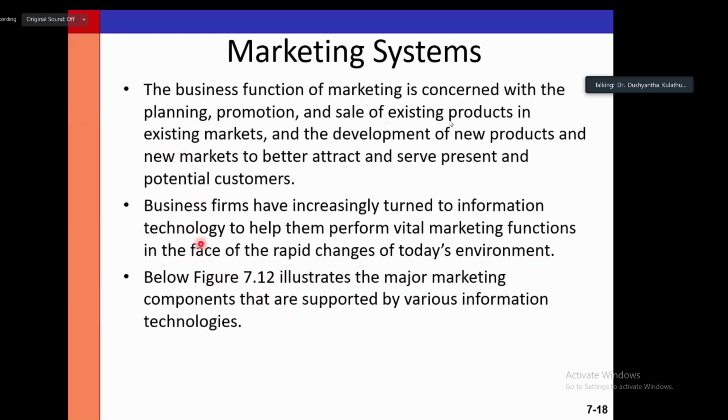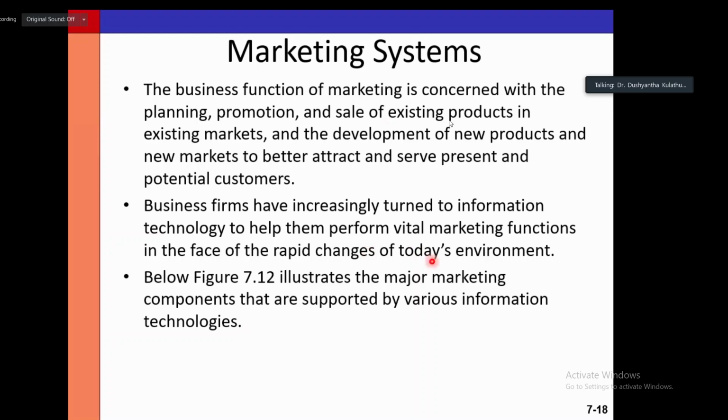Business firms have increasingly turned to information technology to help them perform vital marketing functions in the face of rapid changes in today's environment. You know that this business environment is dynamic and is changing very rapidly.